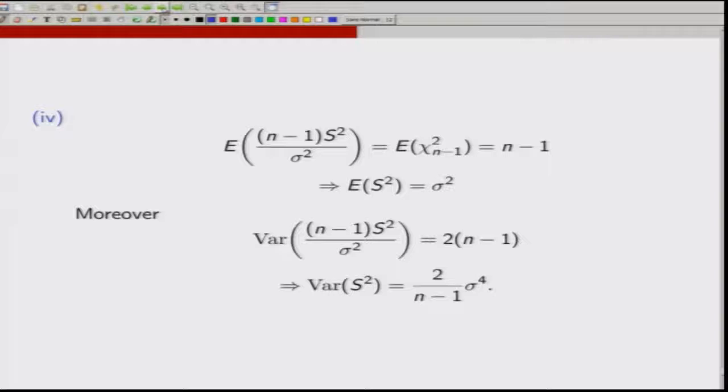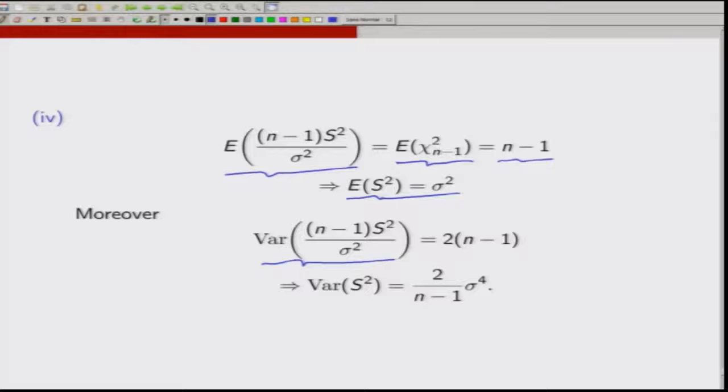And I know that for a chi-square random variable, its expected value is the same as the degrees of freedom. So the expected value of (n minus 1) s square by sigma square is the same as the expected value of chi-square on n minus 1, which is n minus 1. So this gives me the expected value of s square as sigma square. We also know that the variance of chi-square is nothing but 2 times the degrees of freedom.